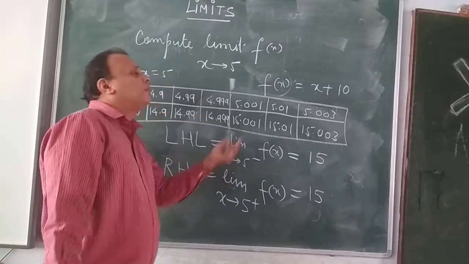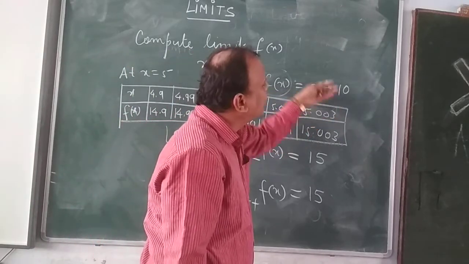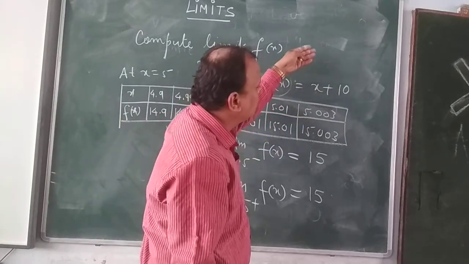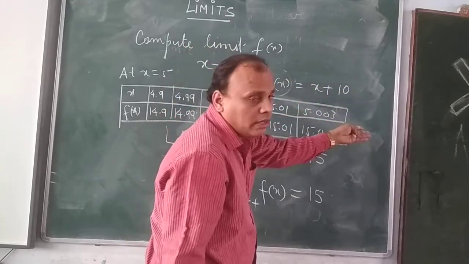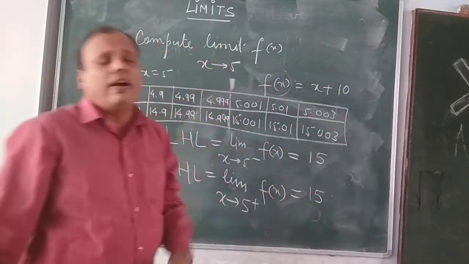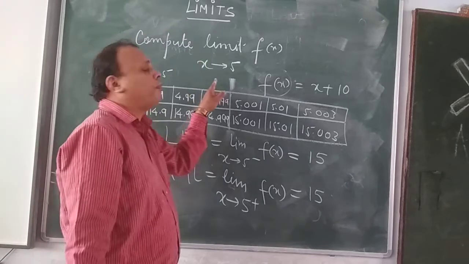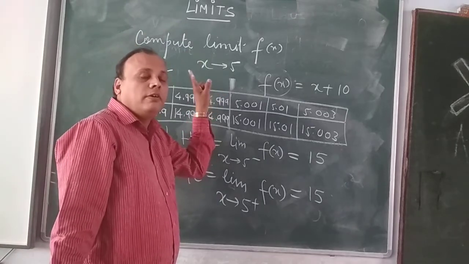So like this, you can take different values of functions, different functions. You can take a square function, you can take x minus 10, any value you can take, and you can find out the limit of the function at that point, at that value of the variable.